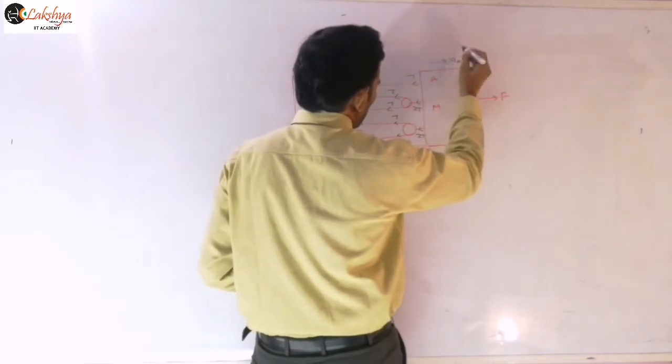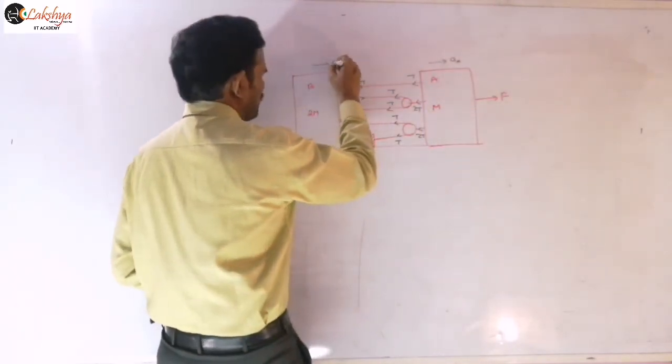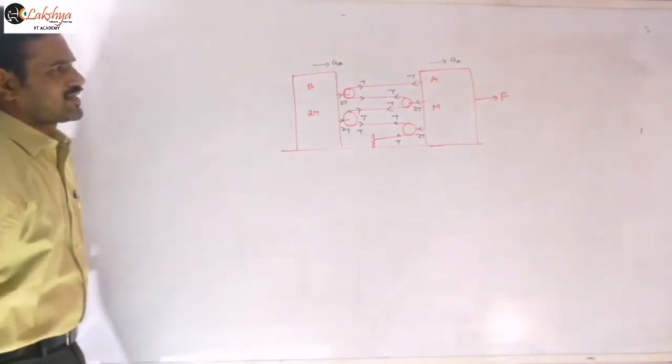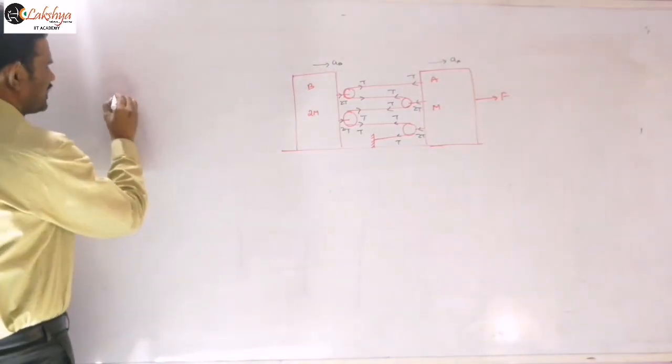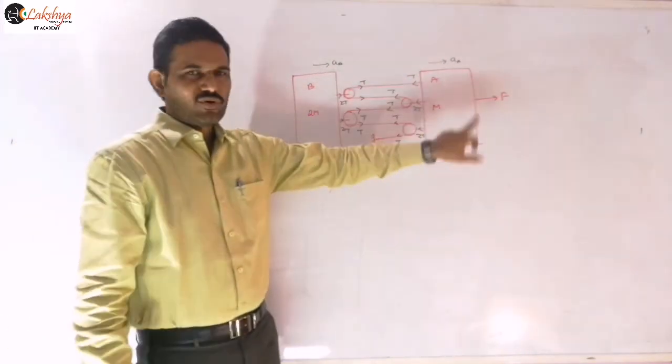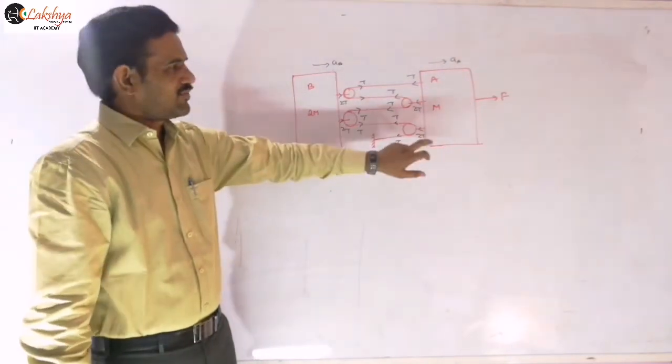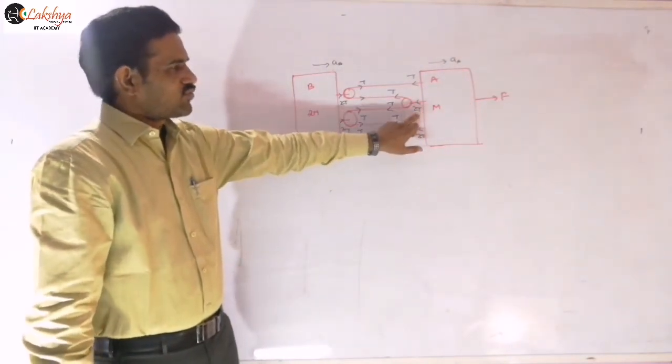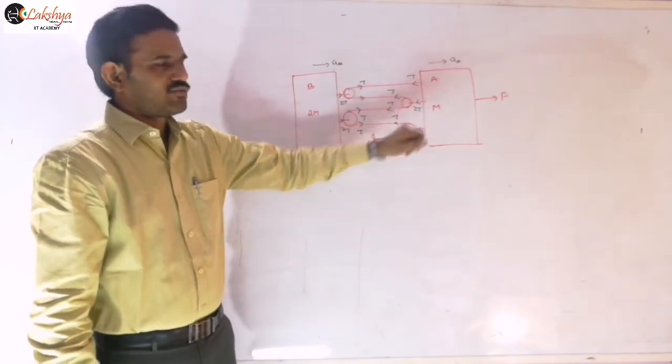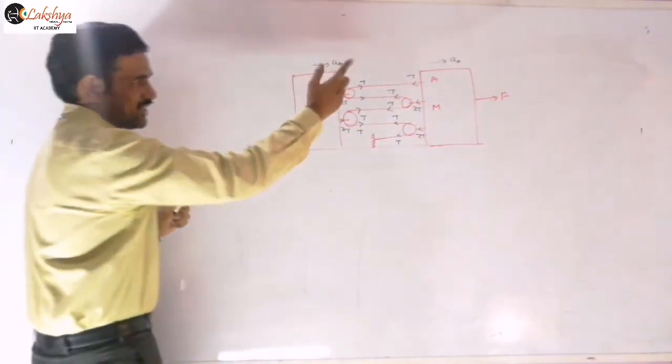The acceleration of this block is AA and the acceleration of this block is AB. So let us write the constraint equation here. Then the total tension acting on this block, here it is 2T plus, that means 4T, 5T. And this is opposite to the direction of acceleration.